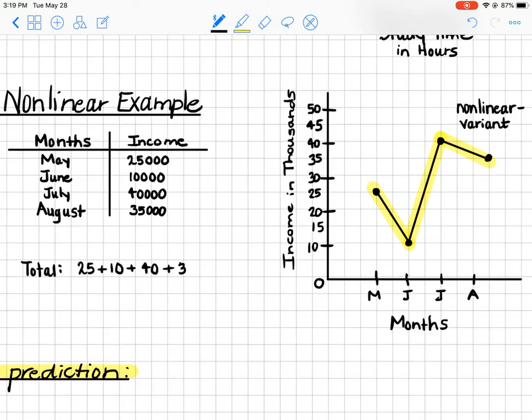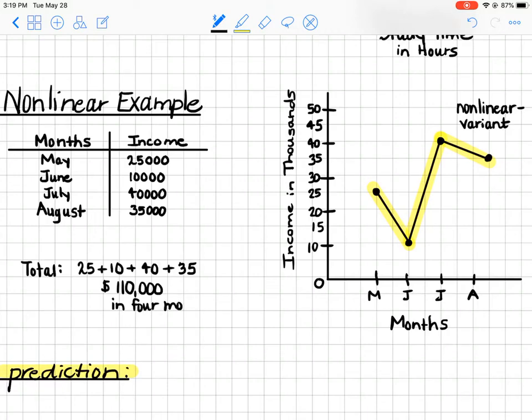So for 4 months of the year, how much did this person make? Well, 25 plus 10 is 35, plus 40 is 75, plus 35 is $110,000 in 4 months.